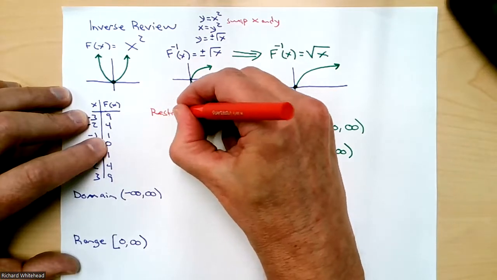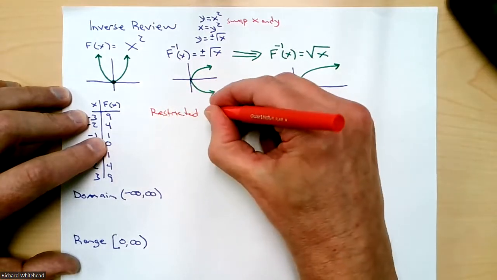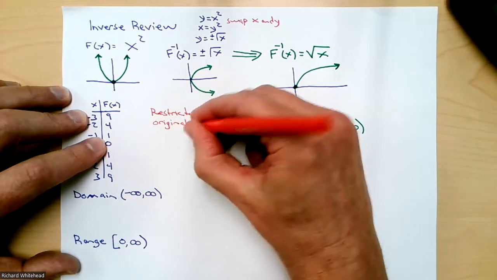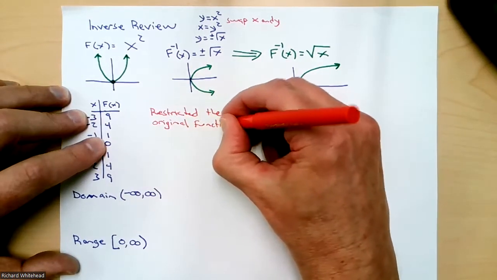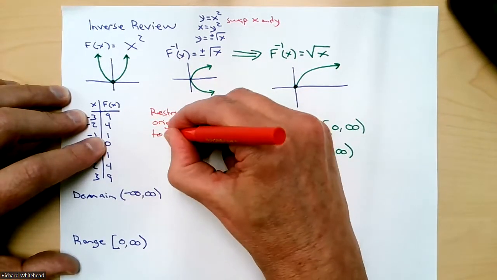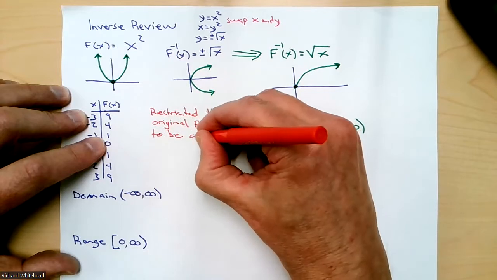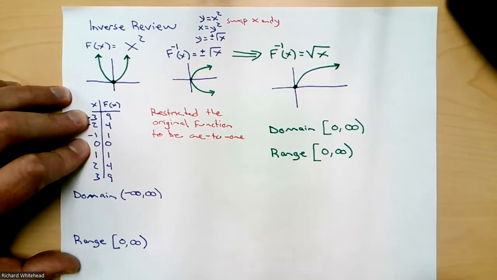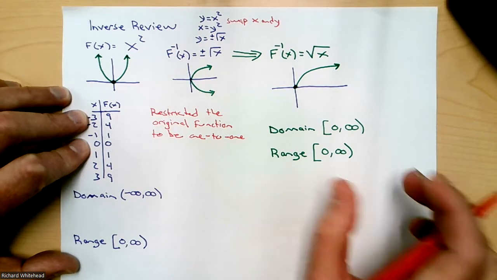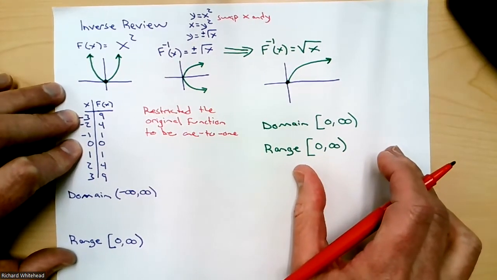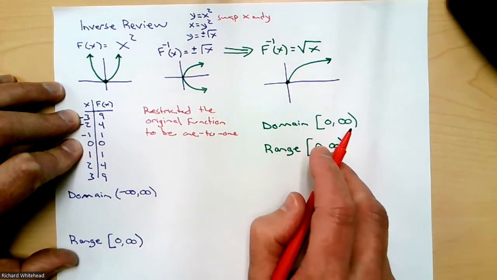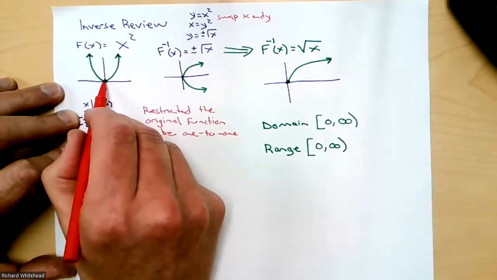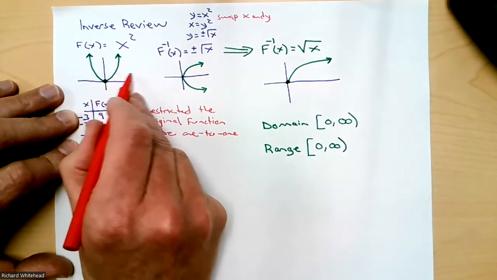We restricted the original function to be 1-to-1. And most of the time we did that, because we only did really basic examples when we did this in Algebra 2. And I hadn't taught Algebra 2 in a few years, but we did this. What we would do is just go through and say, all right, I'm going to restrict this so it's 1-to-1, because right now it doesn't pass the horizontal line test.